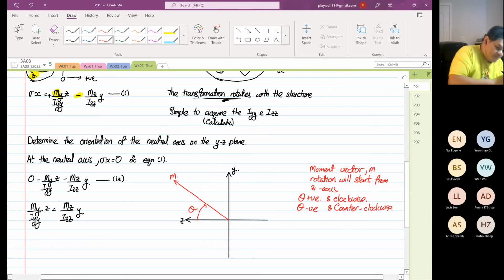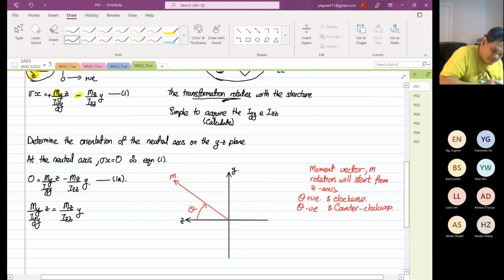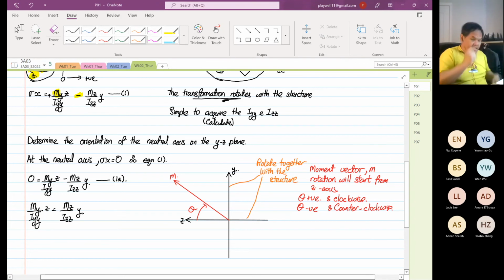Remember, these two axes over here will rotate together with the structure. Always remember that it will rotate with the structure.